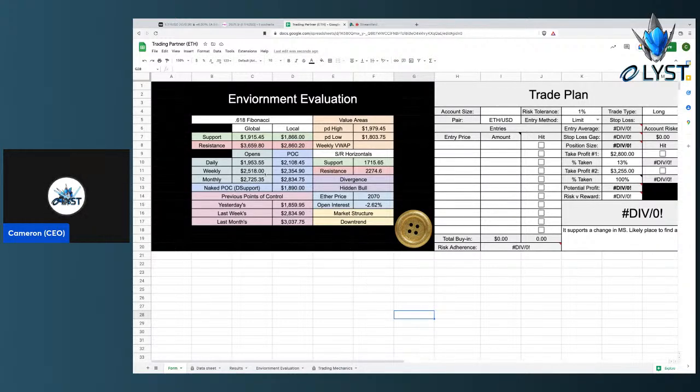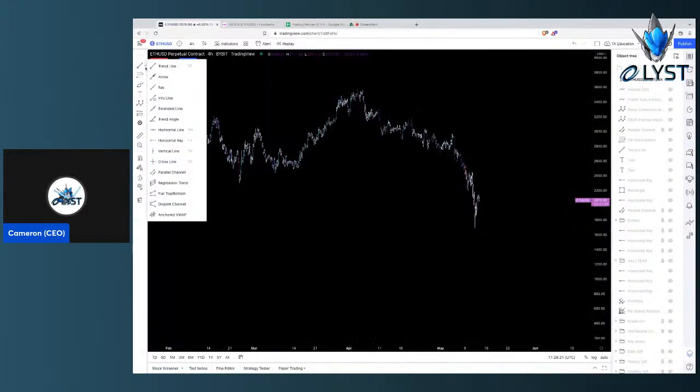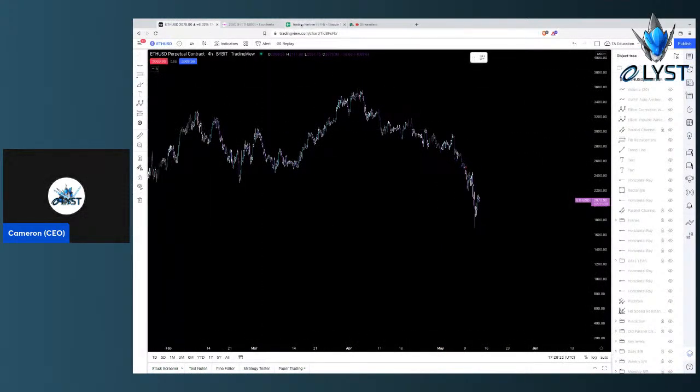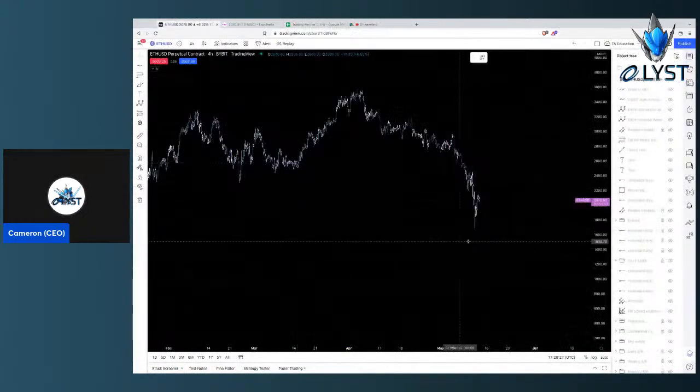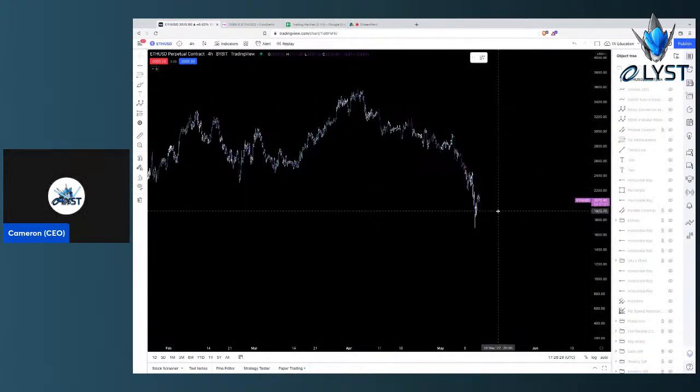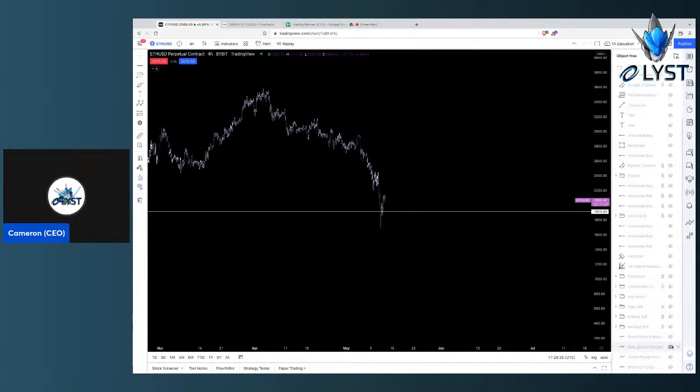You'll be able to look and kind of find levels. You'll be able to come here, take this level and say, okay, so what do we have here, right? And it'll say, all right, global support 1915, right? You'll be able to go to 1915 and you'll be able to throw that on here and label it, and then you'll have your little folders and you can toggle things on and off, right? That's kind of the goal, right?